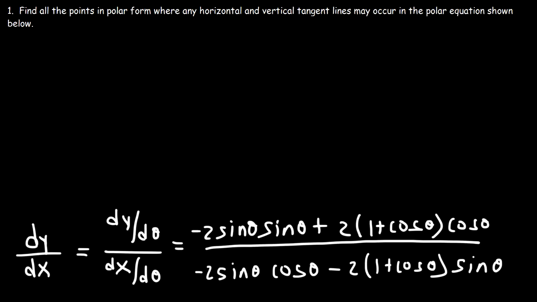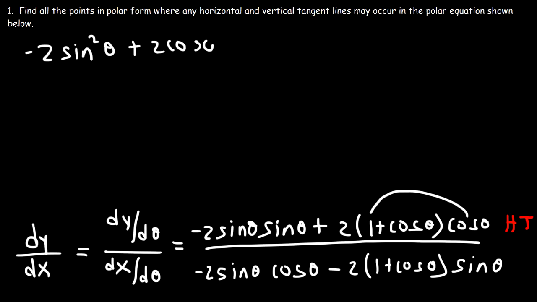So let's start with the horizontal tangent line. Let's set the numerator equal to 0. Simplifying this expression, we have negative 2 sin² θ, and then cosine times 1 times the 2 in front, so that's plus 2 cos θ.